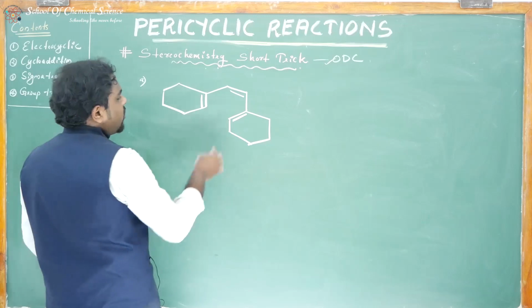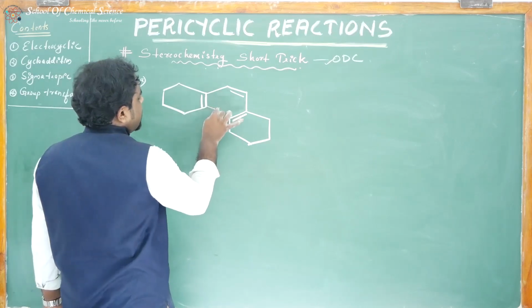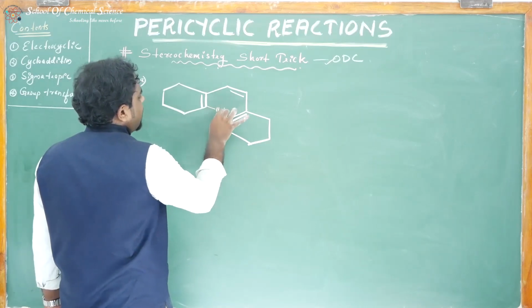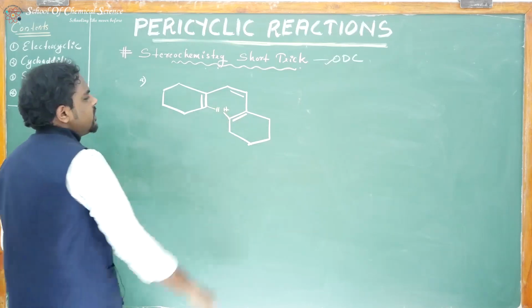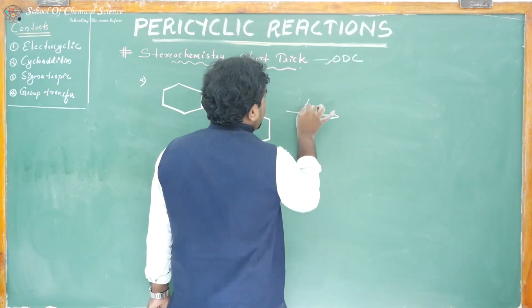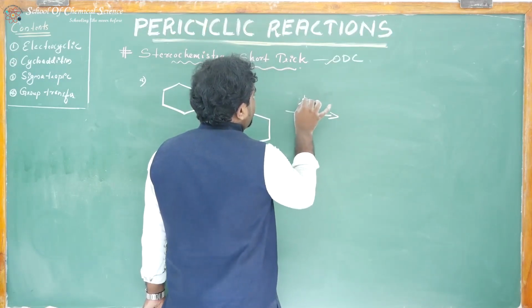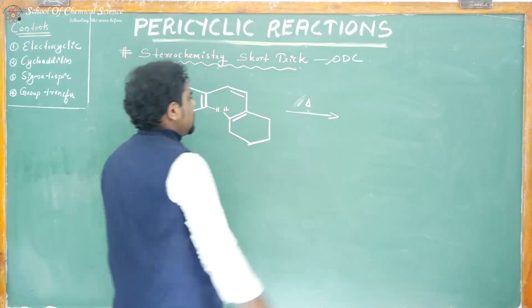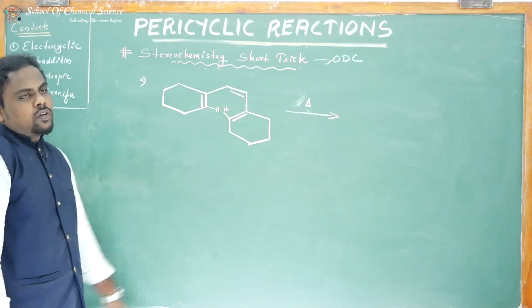Here two hydrogens are there. This is the first hydrogen and this is the second hydrogen. You have to predict the stereochemistry of these two hydrogens. The condition is given: thermal condition. You have to predict the stereochemistry.